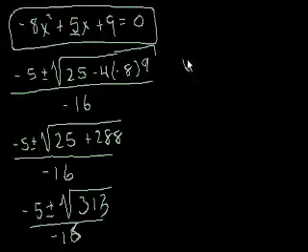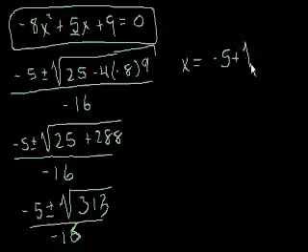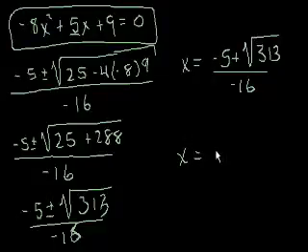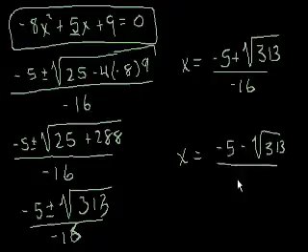One of them is x is equal to minus 5 plus the square root of 313 over minus 16. And the other one is x is equal to minus 5 minus the square root of 313 over minus 16.